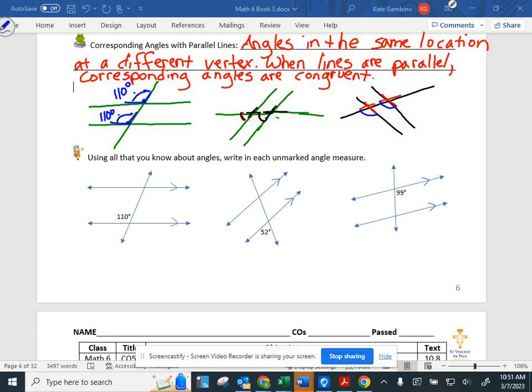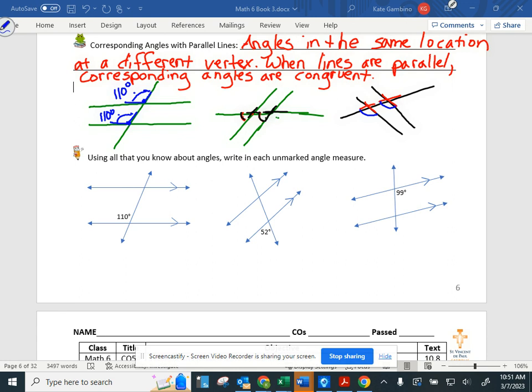Here's how it's easy. We know that there are congruent angles. We know that there are supplementary angles because we have straight lines. Supplementary angles equal how much? 180. That's important to know.